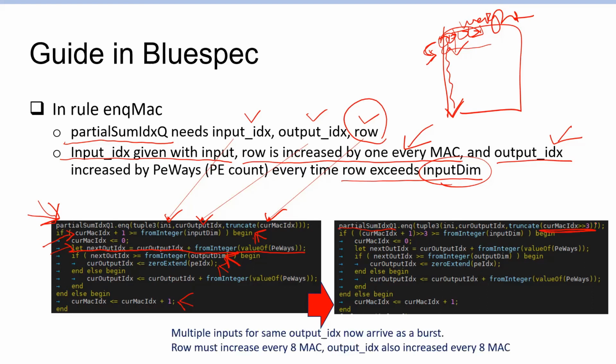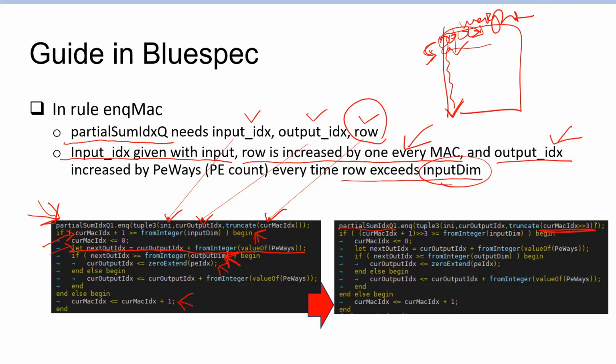And let's see if I have any more comments. Right. And also the way we count whether this chunk of 8 values has reached the end of the input dimensions is done by also dividing it by 8.